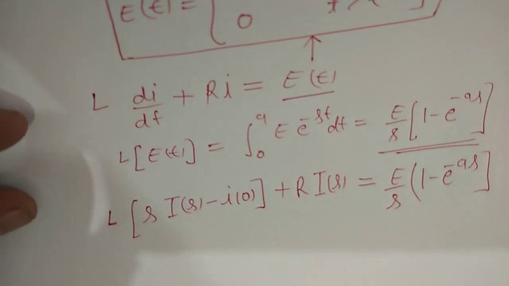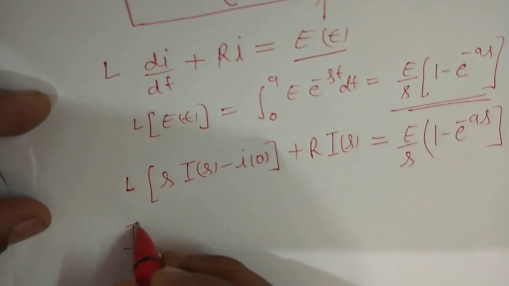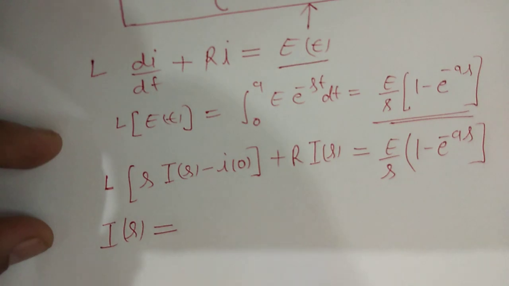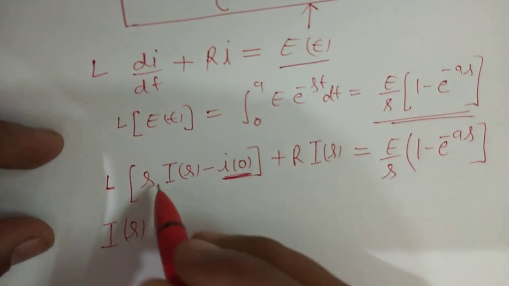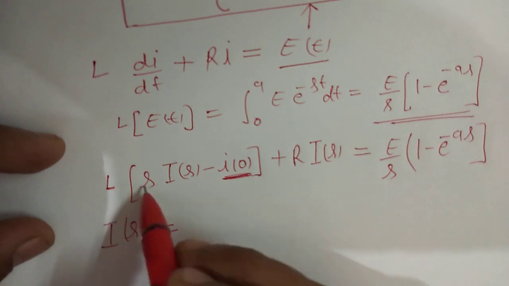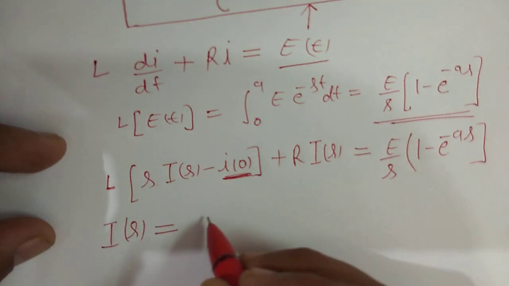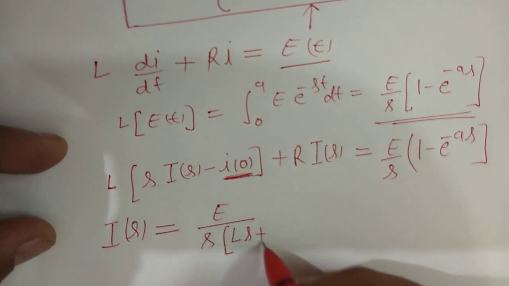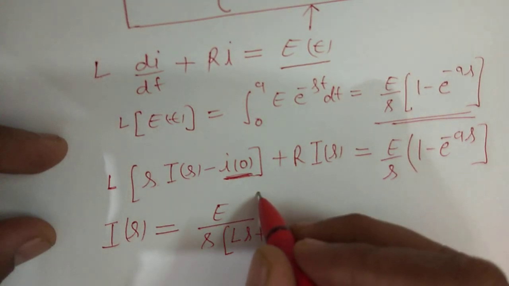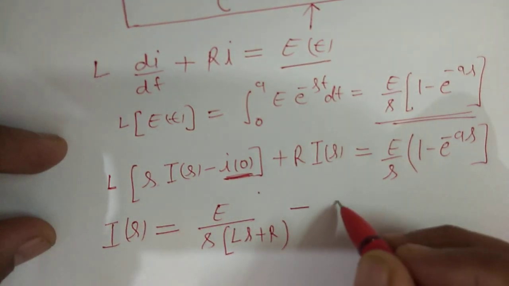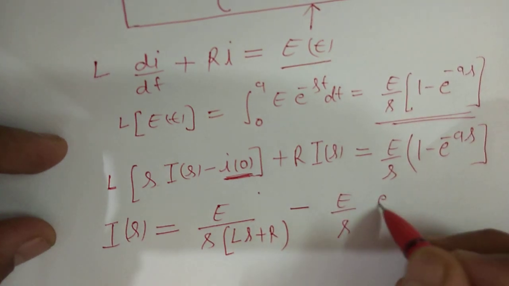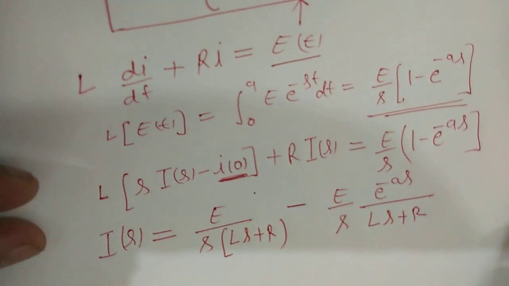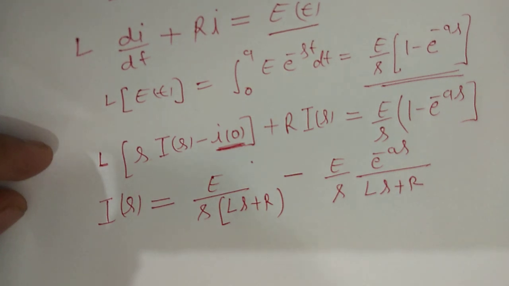If you simplify, this part is 0, so I(s) will be over the coefficient (Ls + R). So we have two terms: E/s(Ls + R) minus E e^(-as)/s(Ls + R). So this is your I(s).